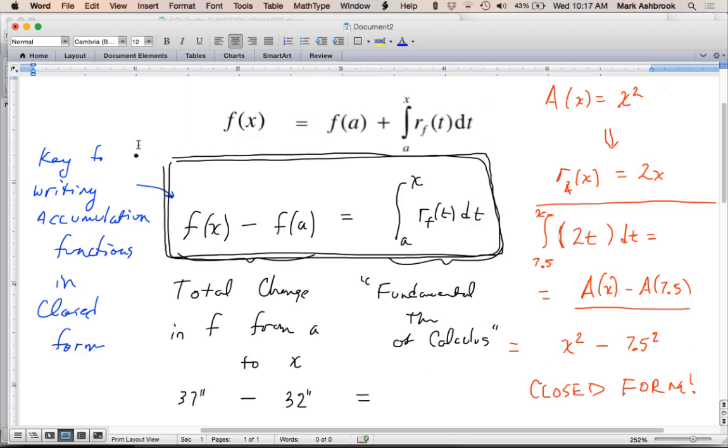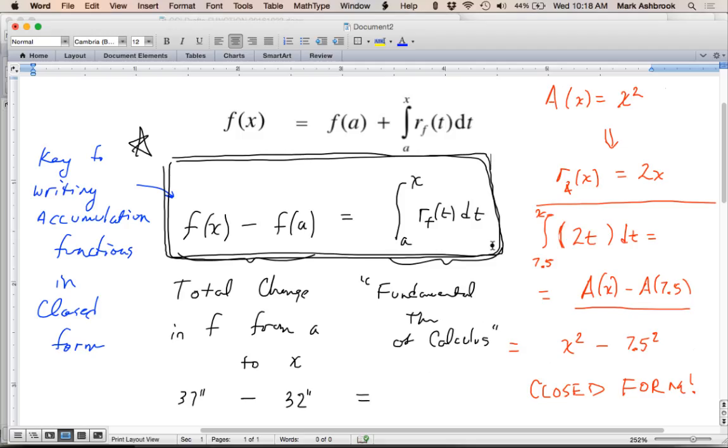And even a star. Why? Because it brings together rate and accumulation and amount, and it allows us to get a closed form accumulation for every closed form rate that we have. Okay? Questions on this really important discussion?